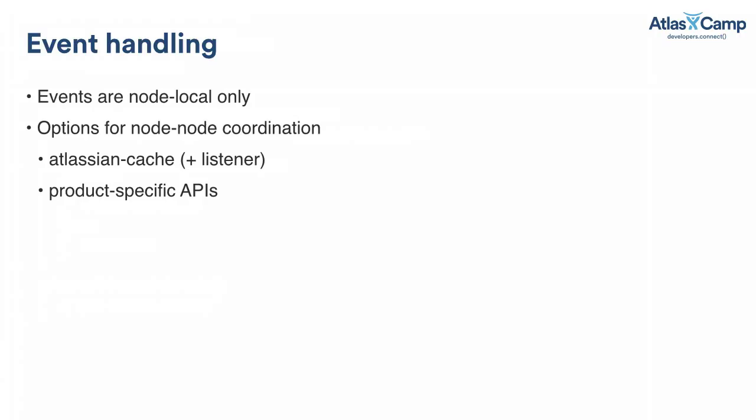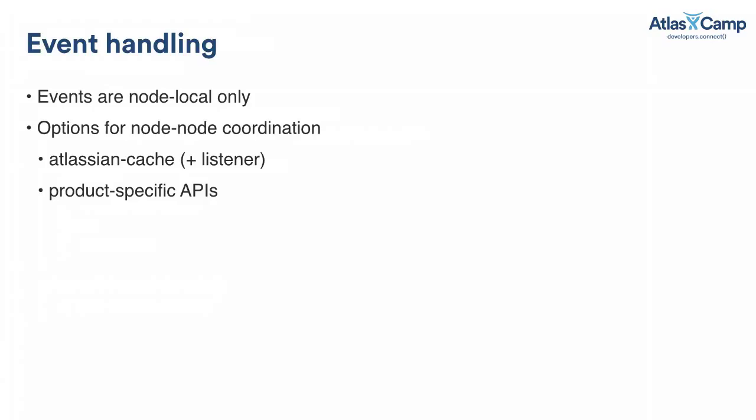Event handling. So as discussed, events are only local to the node where the event is triggered. And sometimes you need to do node-to-node coordination to make sure that some side effect actually happens on each of the nodes. There are a couple of solutions that you can go for. One is to use Atlassian cache and either use the cache loader to also trigger some side effect.